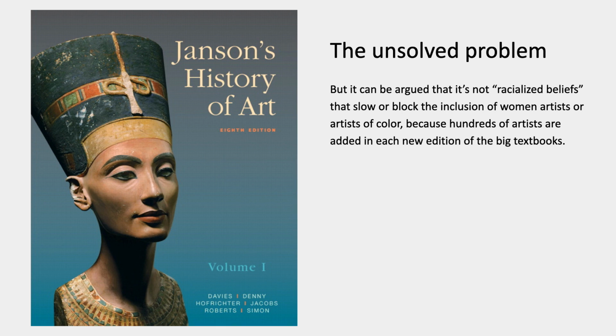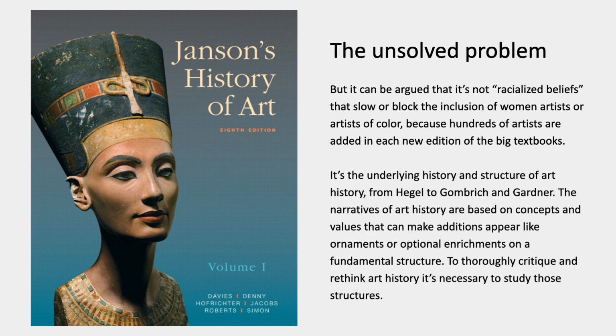So it's not directly a question of that, or it's not solved, you might say, by addressing that. The problem is more like the underlying history and structure of art history, from Hegel to Gombrich and Gardner and Janson, because the narratives of art history are based on concepts and values that can make additions appear like ornaments or optional enrichments on a fundamental structure.